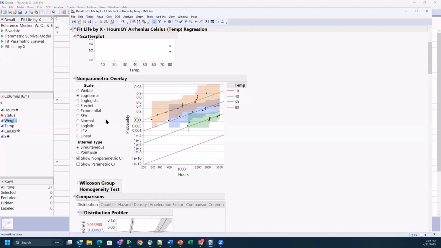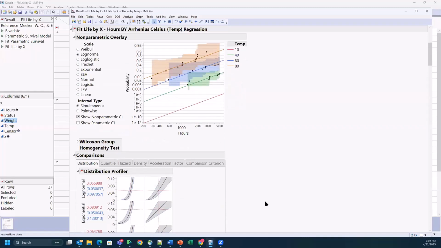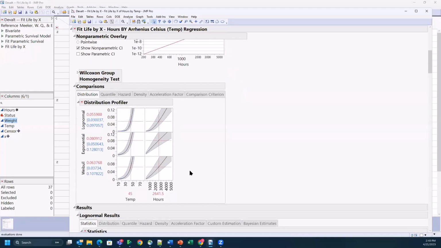We chose log normal earlier. We could choose Weibull if we wanted. And then finally, down here, we have those 3 models that we just did, Weibull, exponential and log normal. It's given us distribution profilers for each, so we can compare one to the other.